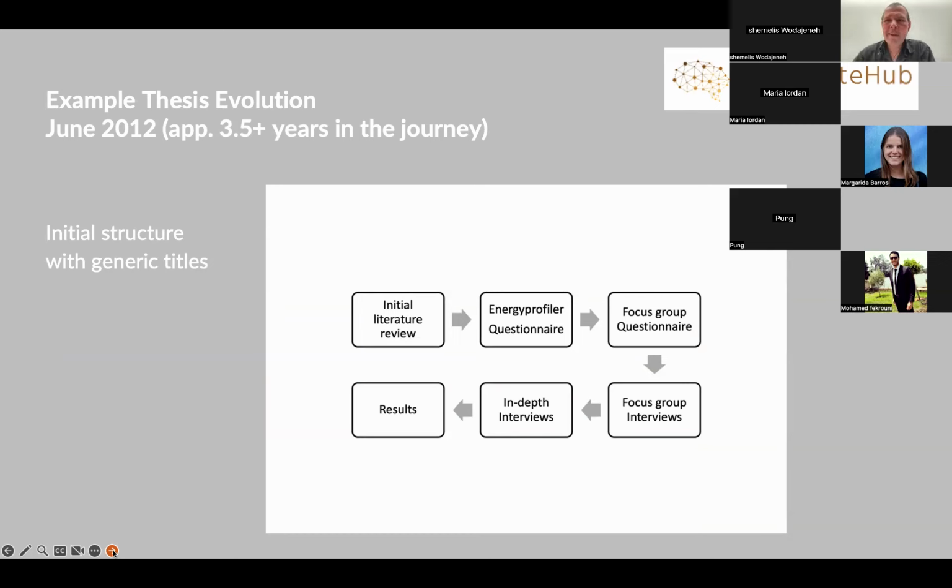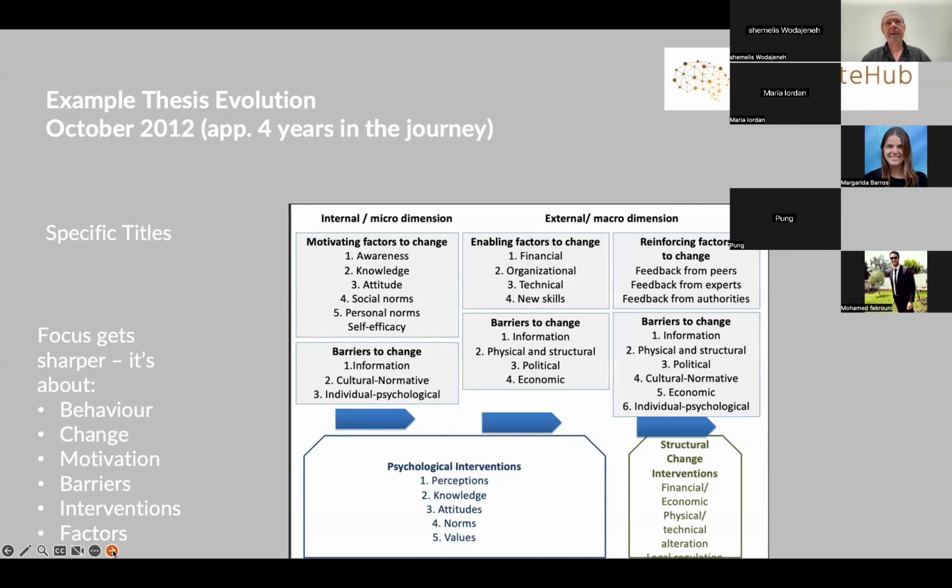Theses always start out simple, or at least they should. So you have a very basic initial structure like this one. It shows a clear logic chain, and from there your work emerges into something that gets slowly and slowly more specific, more built up, and gets specific titles.